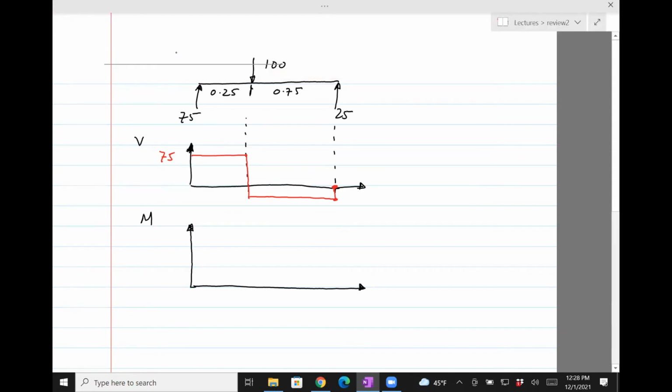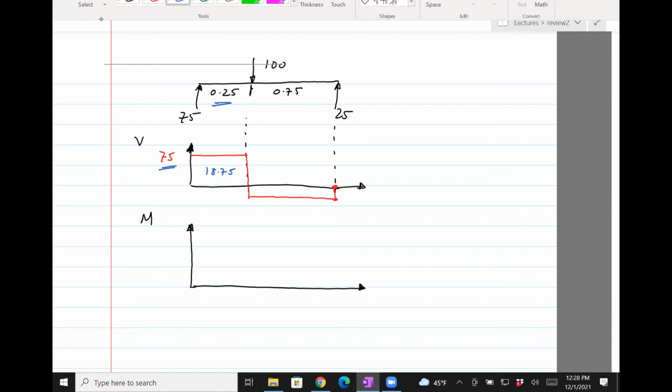Okay, what's helpful here is to find the area under this curve. So it's going to be 75 times 0.25. So it's 1/4 of 75, which is 18.75. And then area under this curve is going to be, I should have put 25 there.